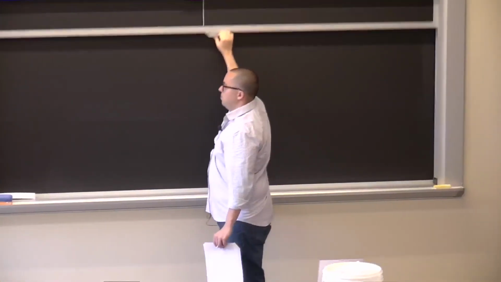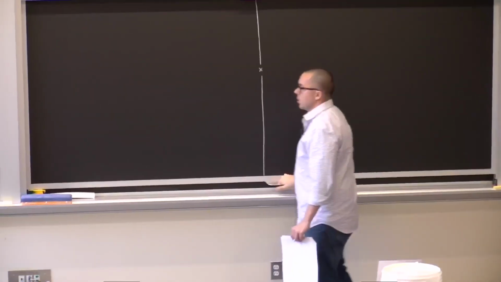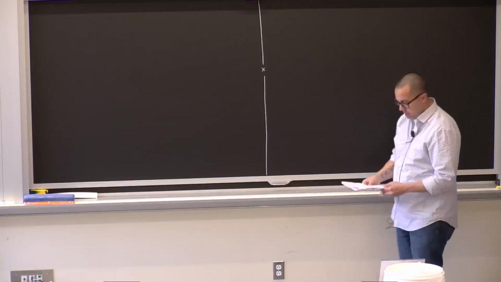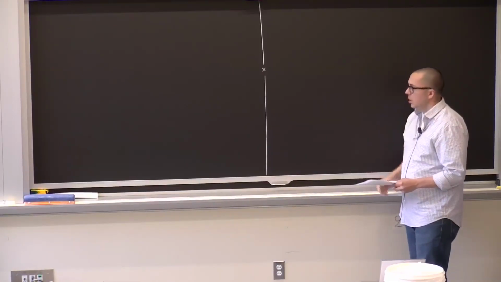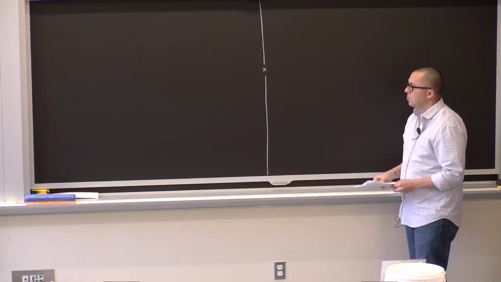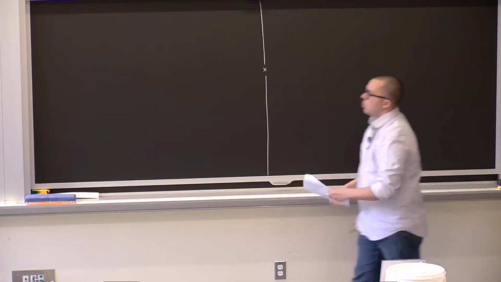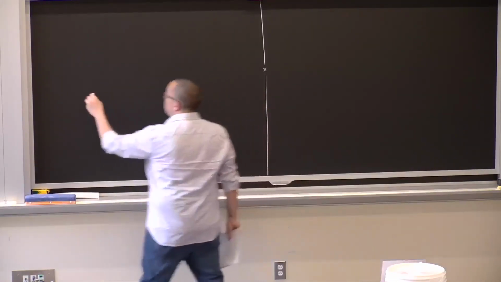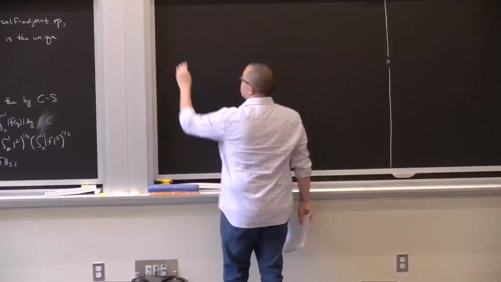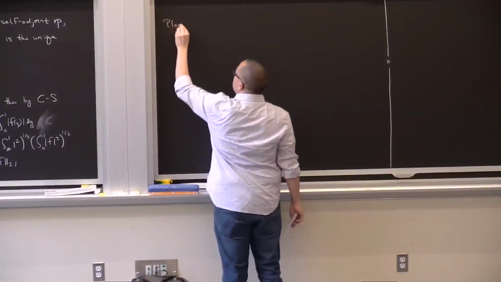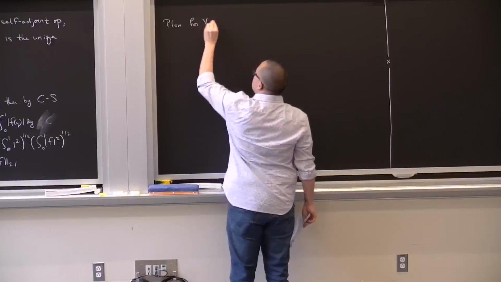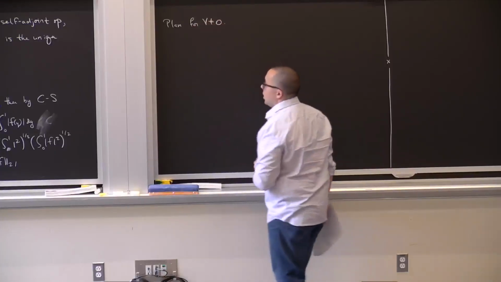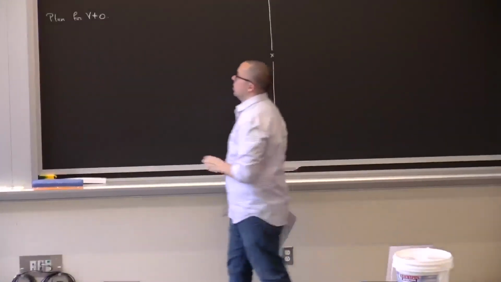All right, so to solve the Dirichlet problem, what's the plan for v not equal to 0?